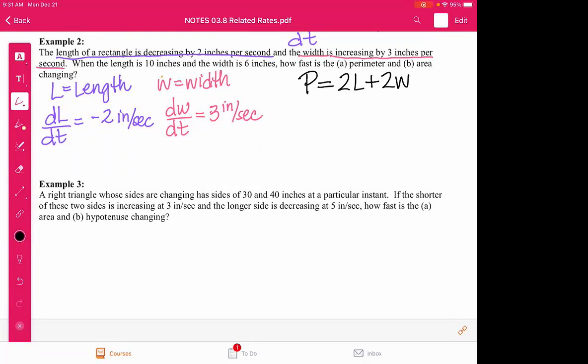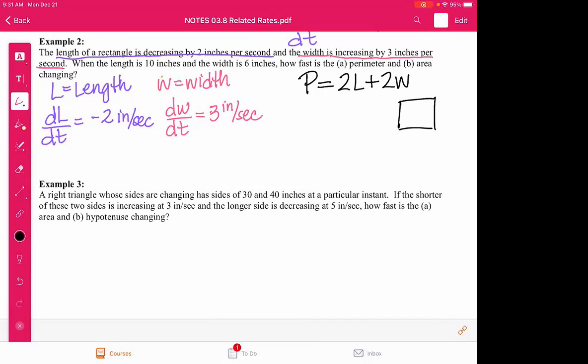If you picture it, you've got this rectangle, and what's happening is the length is getting shorter, but the width is getting bigger. So if it started out like this, it's turning into like this.